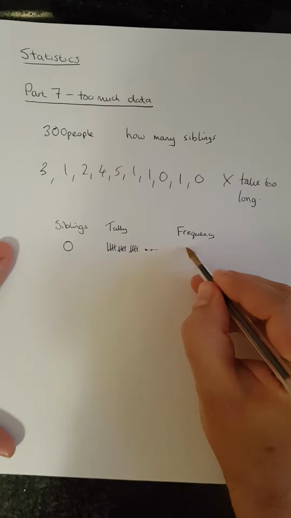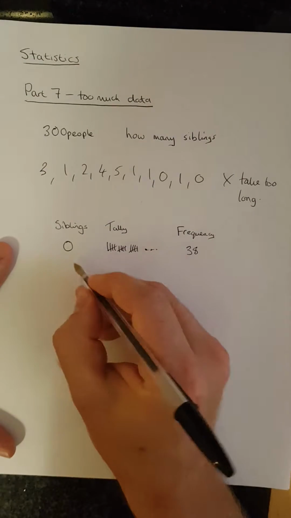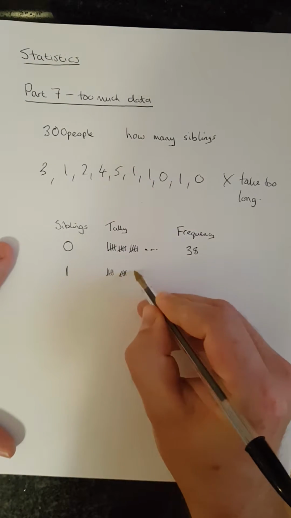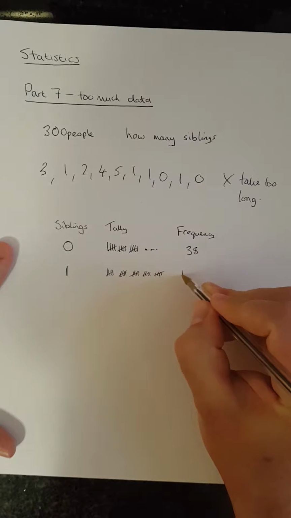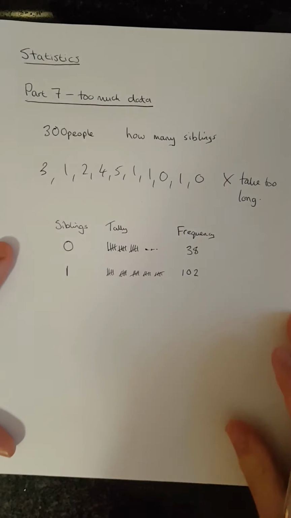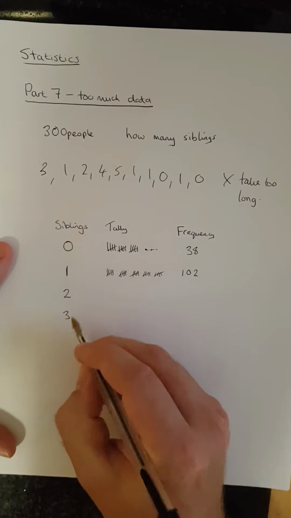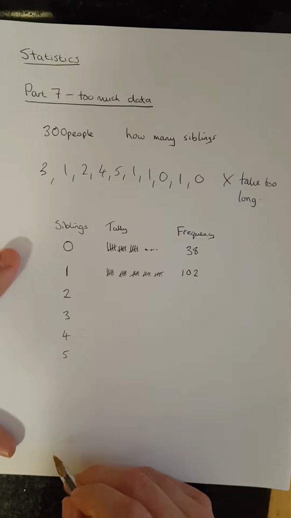So my tally totaled 38. I'm then going to do the same for one sibling. I'll record a really long tally. I get 102 who had one sibling. I do the same for 2, 3, 4 and 5.